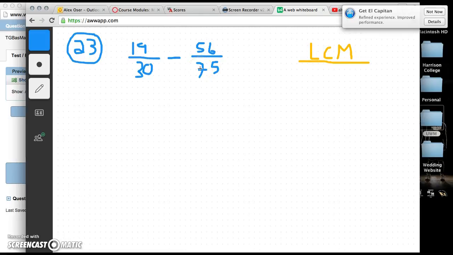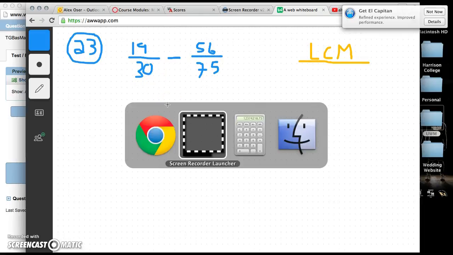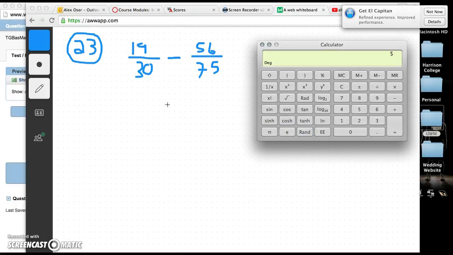So starting with our very first multiple of 75, that's just going to be 75 times 1. 75 times 1 is 75. So is 75 a multiple of 30? Well, some of us might know right off the top of our heads that it's not, but remember, you can always check with a calculator, and you can take that multiple, in this case 75, and divide it by 30.